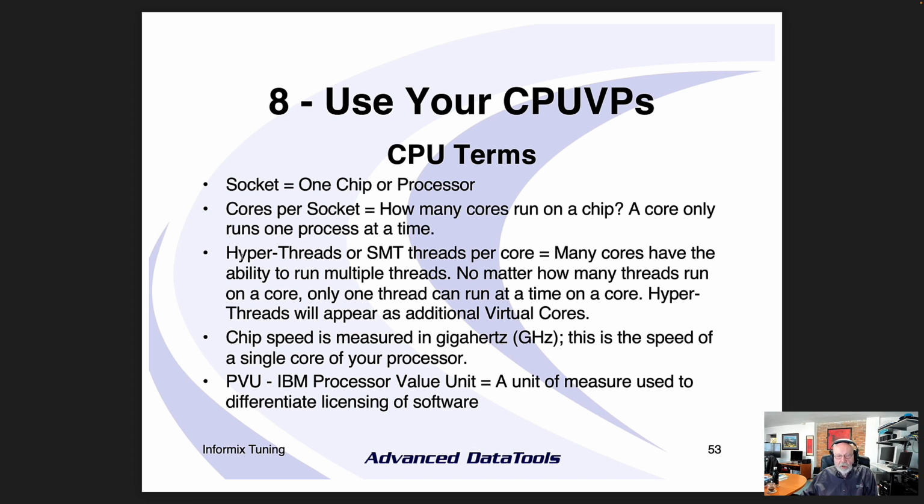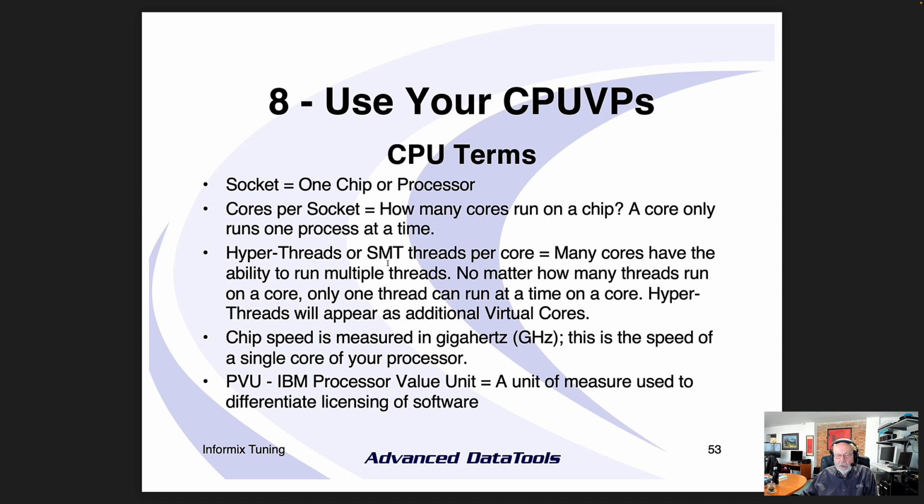Now, to make these chips run faster in benchmarks, most of them have hyperthreads or SMT cores. These are cores that allow one core to run multiple threads. Now, they don't really run at the same time.